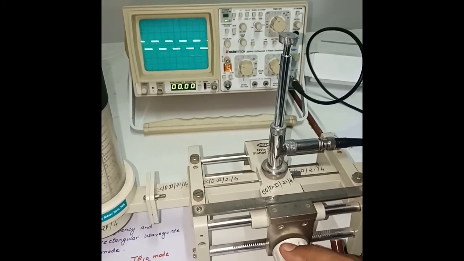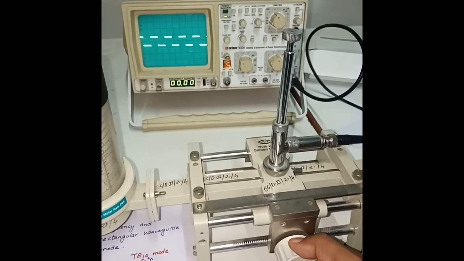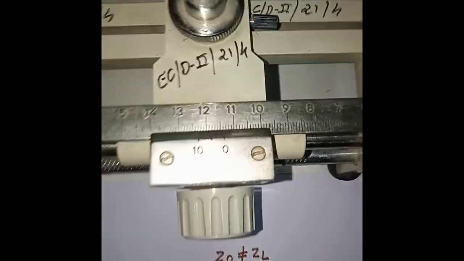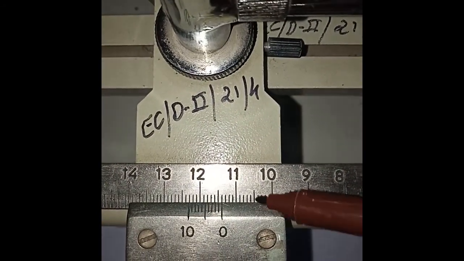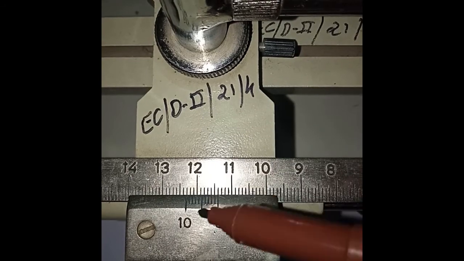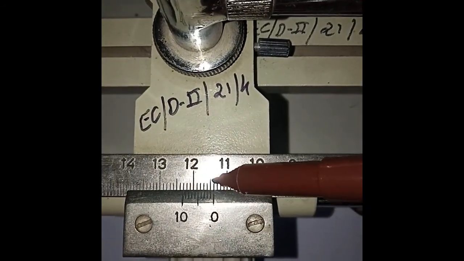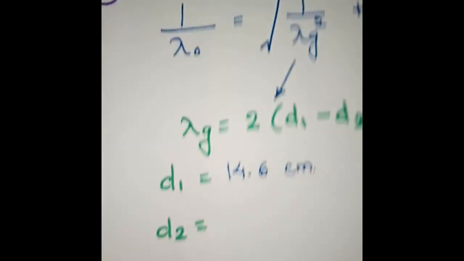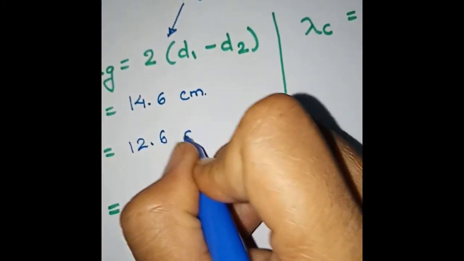We'll move further, and this is the location where amplitude is minimum. So we'll mark this point. Once again you can see this is 12.6. We are moving from left to right, so our d2 will be 12.6. I will write in our equation d2 equal to 12.6 centimeter.